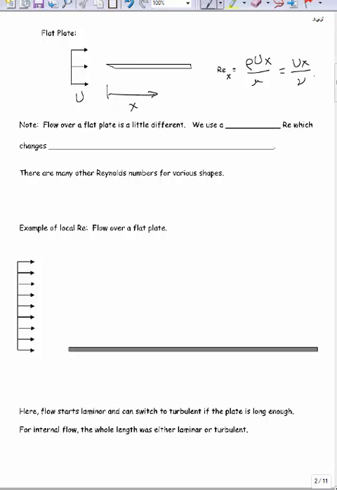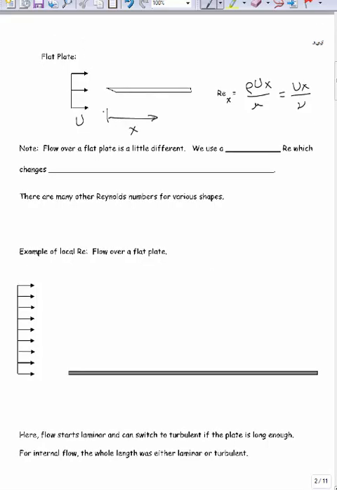What makes this different is that Reynolds number is going to change as we go along the plate. In a pipe, Reynolds number was the same no matter what location you were at. Here it's changing, so we call it a local Reynolds number. You could find the Reynolds number at x equals 1, or at x equals L, or whatever. Local Reynolds number means it changes over the length of the plate.